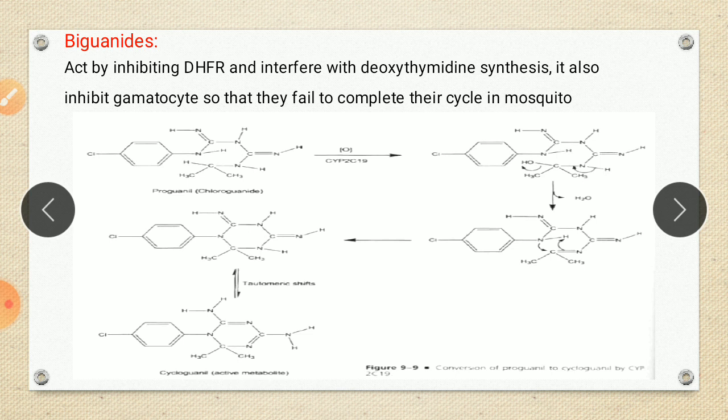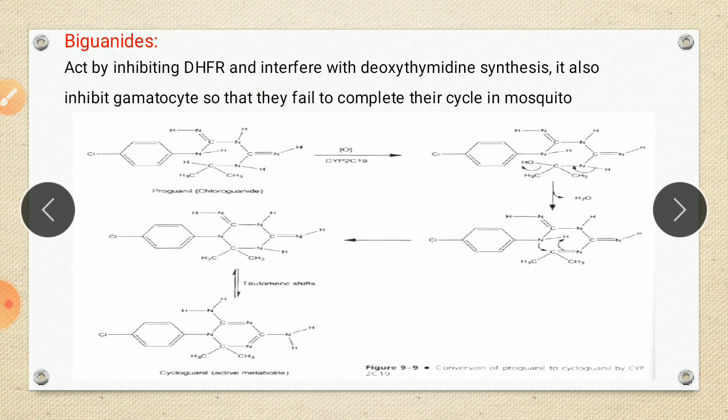Regarding mechanism of action, these drugs act by inhibiting DHFR, again dihydrofolate reductase. This mechanism we already covered in sulfonamide. So this DHFR is a target for these drugs. What is the function of DHFR?